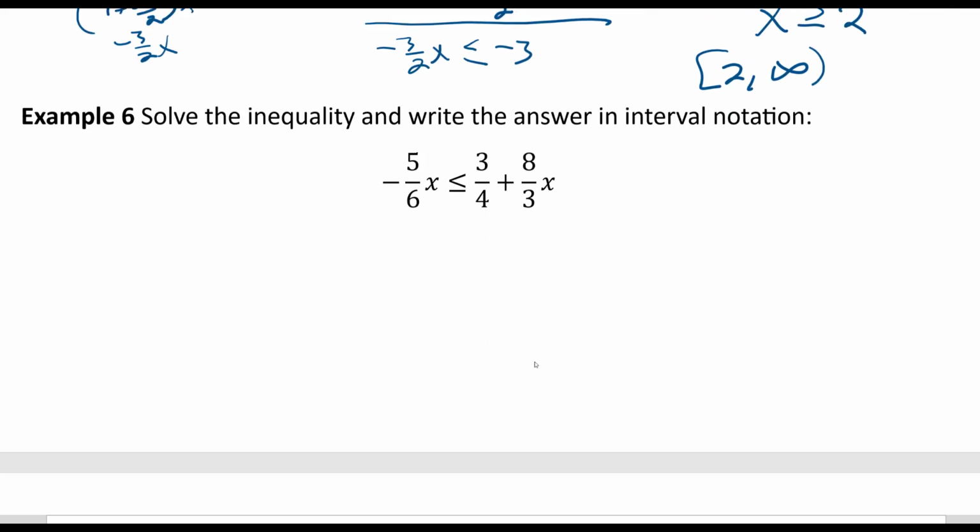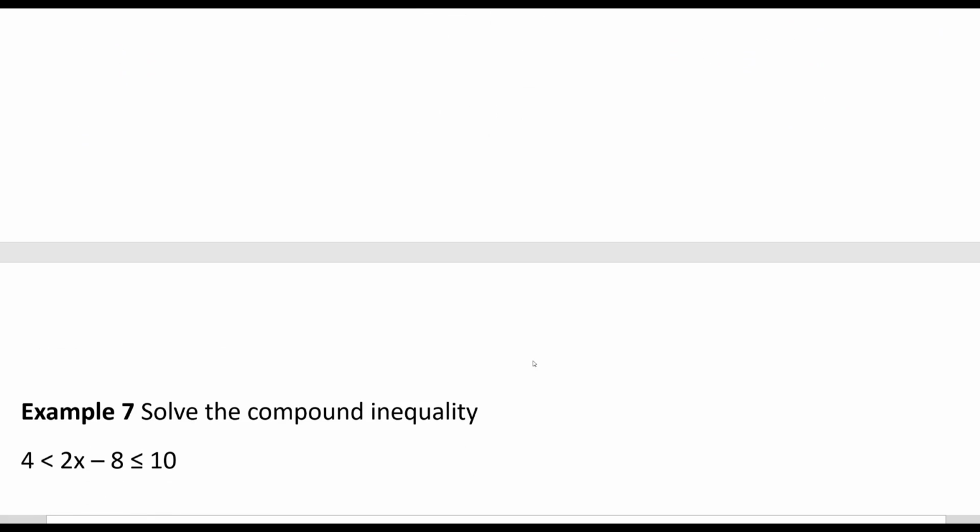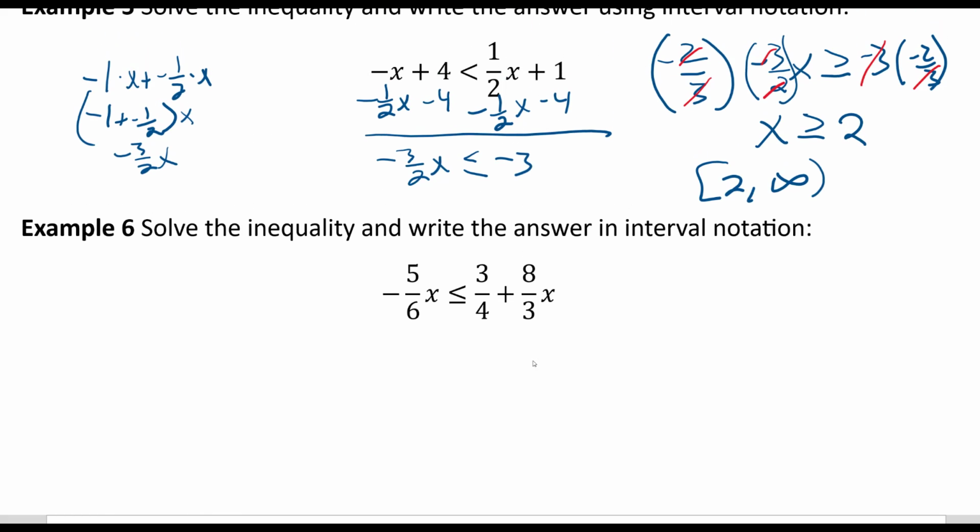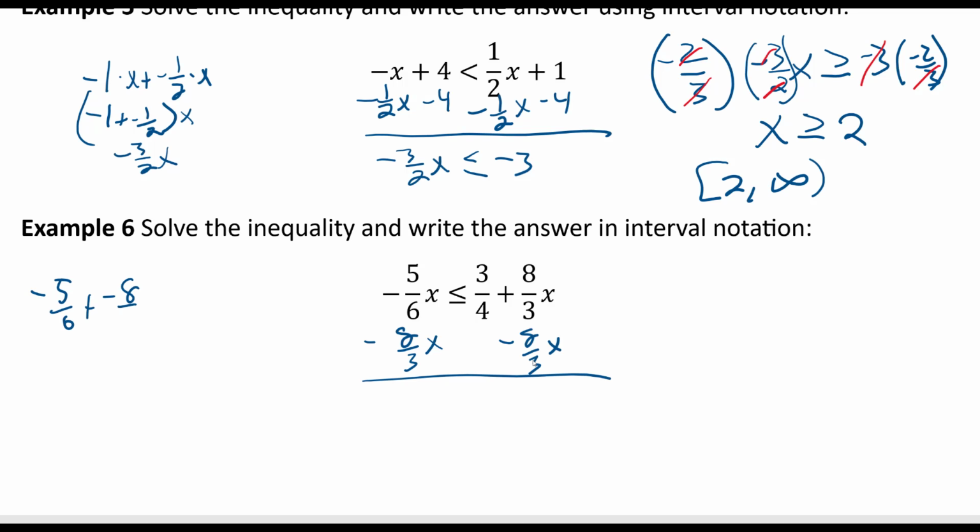Okay, the next one. Okay, yeah, this will be it for this video here. So let me go on to another video of compound inequalities. Same thing, I'm going to subtract 8/3 x from both sides. And that's going to be what? I have negative 5/6, both negative, so plus negative 8/3.